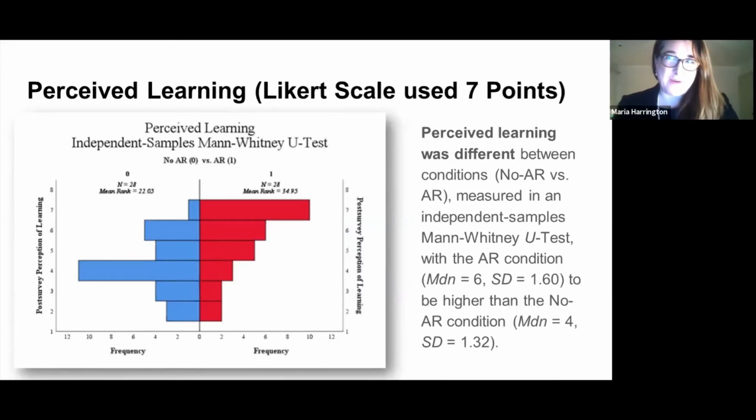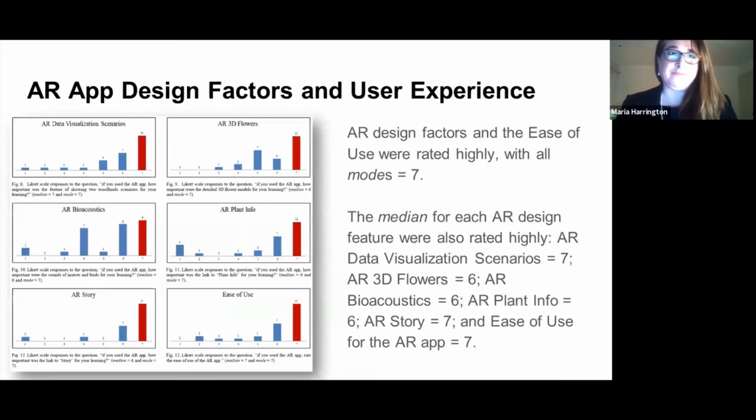While there was no difference in actual learning on the test score changes, people overwhelmingly ranked the AR app as having higher impact on learning. So they perceived that they learned more with the AR app when they didn't. It was a very interesting contrast between actual learning and perceived learning.